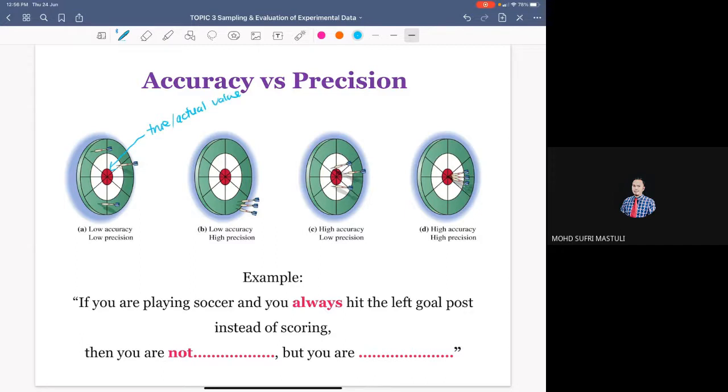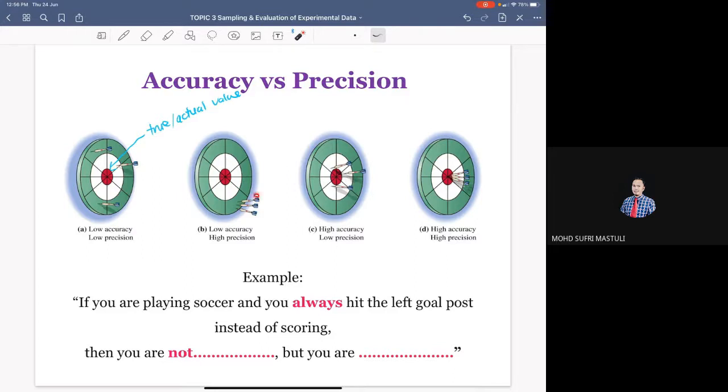Okay, so if your data is scattered very far from one to another, meaning that it is low precision and also low accuracy.